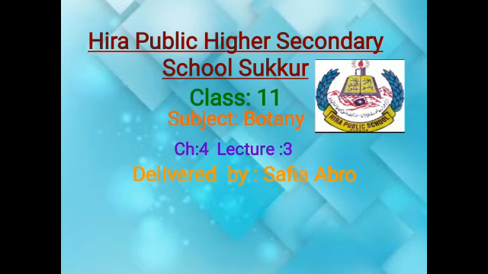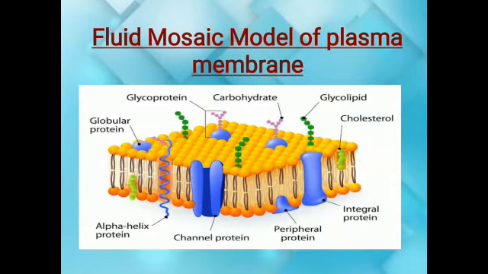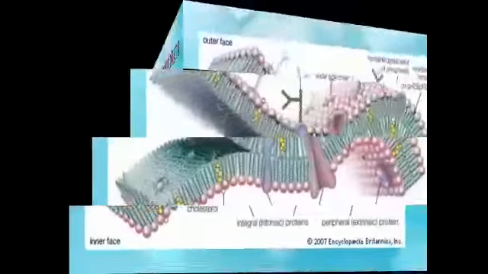Students, in our previous lecture, we have completed plasma membrane and its functions. Today, in this video, we are going to start fluid mosaic model of plasma membrane. Plasma membrane is not a fixed or rigid structure.